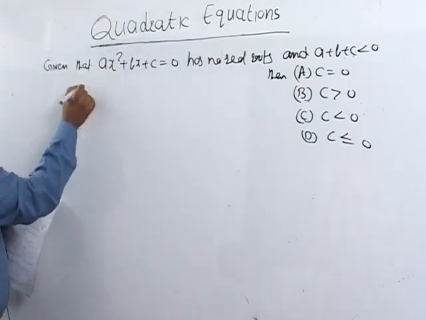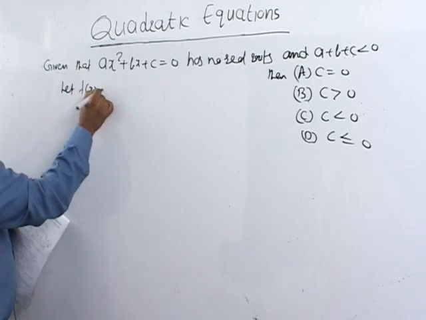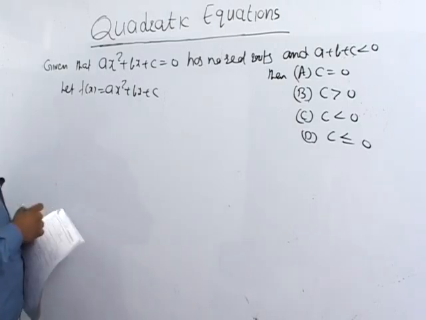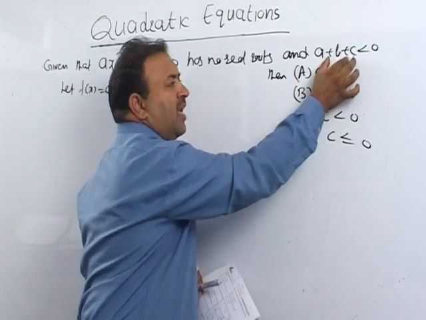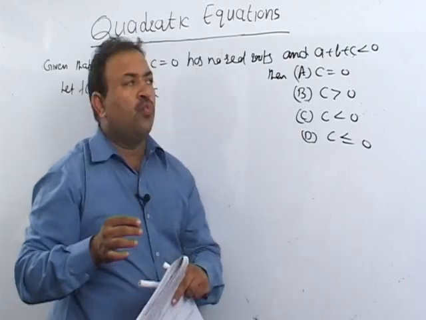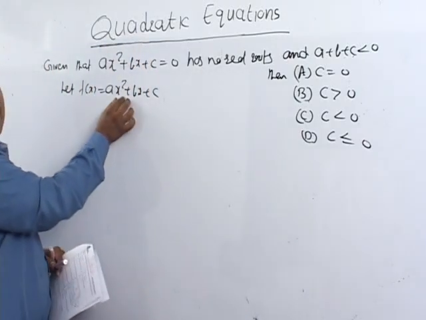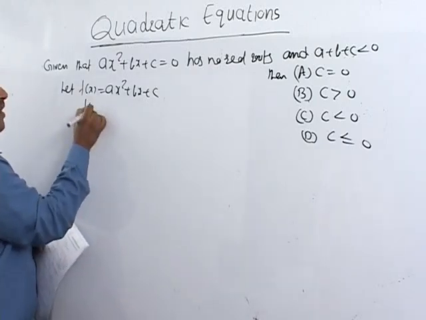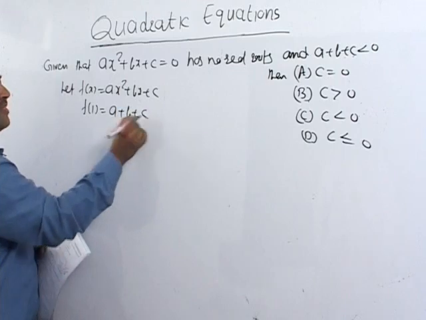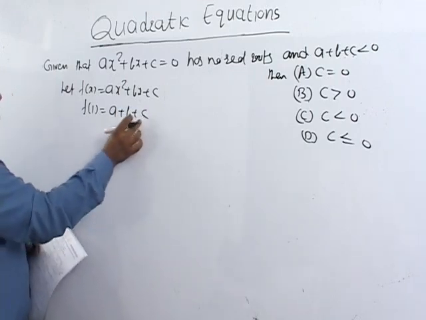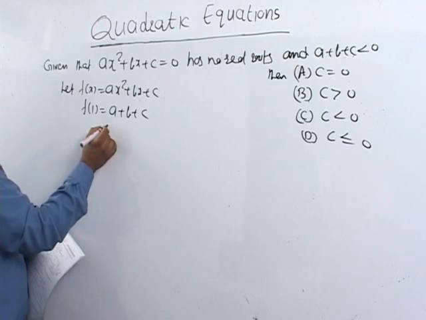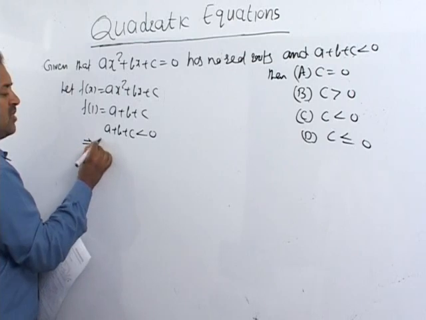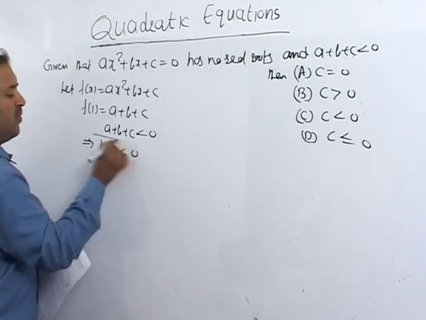So we conclude from here, let f(x) be ax square plus bx plus c. Now one term we have been given out, that is a plus b plus c. So we can see from here, if we substitute x is equal to 1, we get a plus b plus c, or f of 1 is a plus b plus c, and we have been given a plus b plus c less than 0, which means f1 is also less than 0.